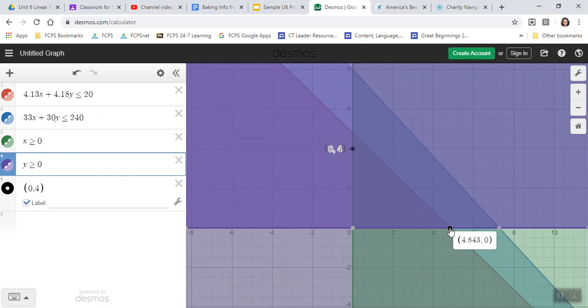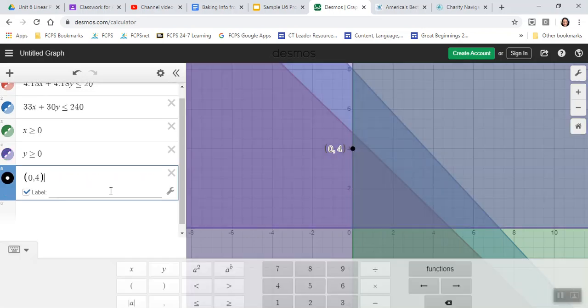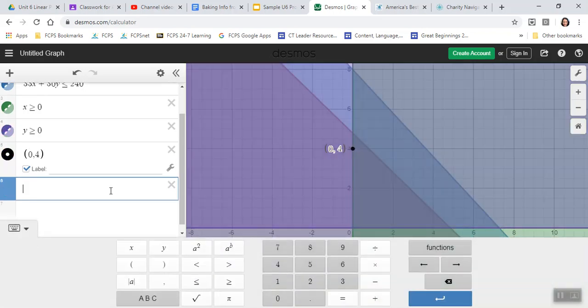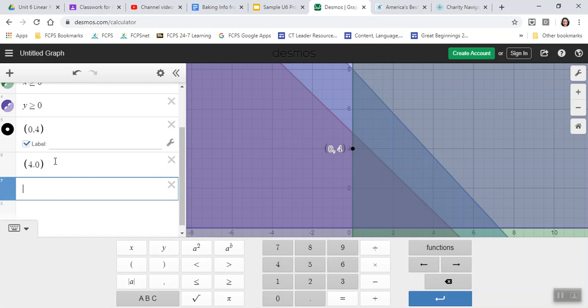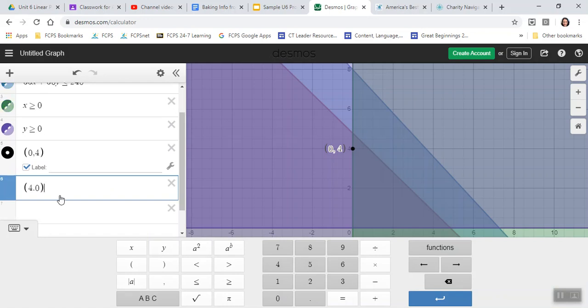I can't make that, and I can't round it up to 5 because I don't have enough, so I need to round it down to 4 again. So my next one will be 4, 0. Why does that one not label? It's interesting. Oh, because it was a point.